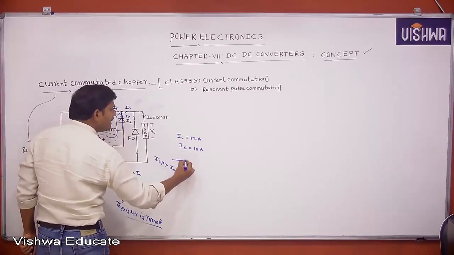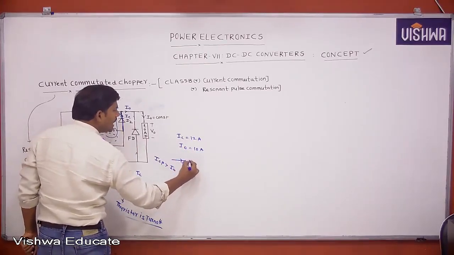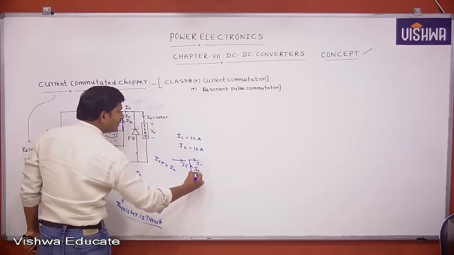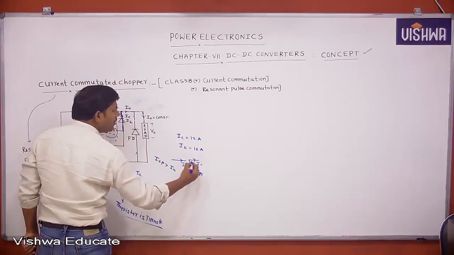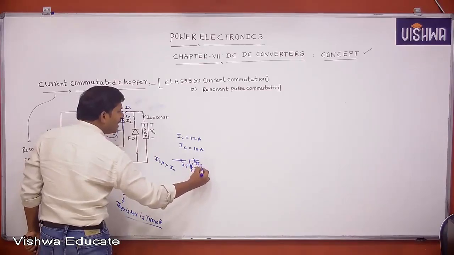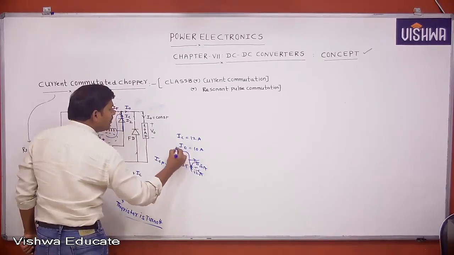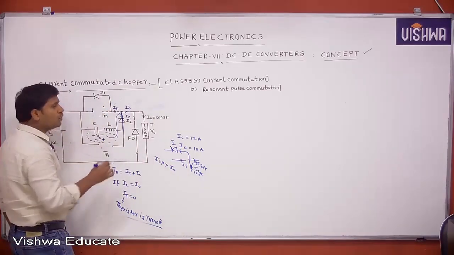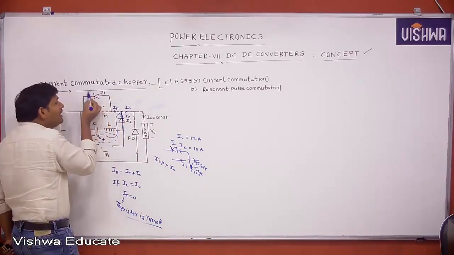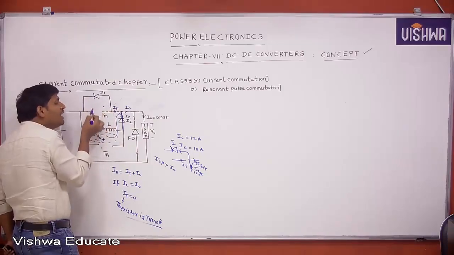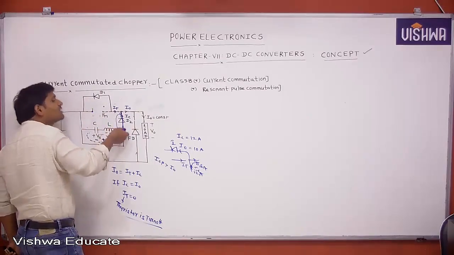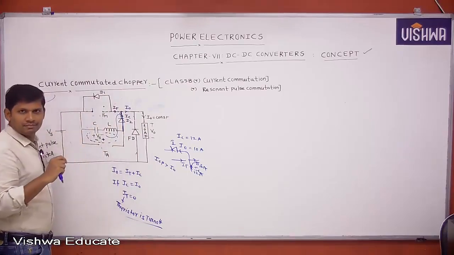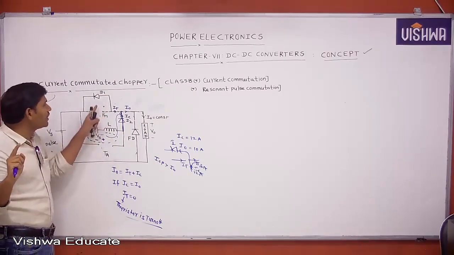Here IT is entering, I0 is leaving, and IC is entering. This is 12 ampere, but 10 ampere is supplied by the capacitor, and the remaining 2 amperes of current passes through the D1 diode. Understood? That is important: this is when the D1 diode comes into action, carrying the extra capacitor current during discharging.